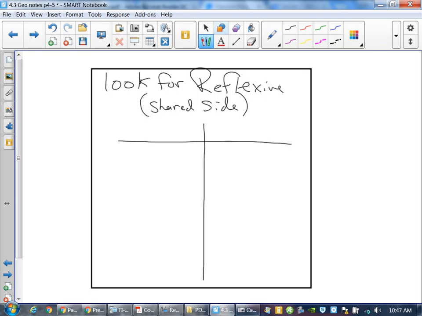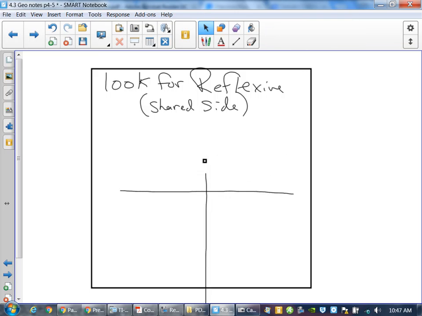Here's what I want you guys to see. You have a diagram right there, I believe already, with this stuff on it. It's the one before, we called it AC maybe? AC is what we would call a reflexive side.